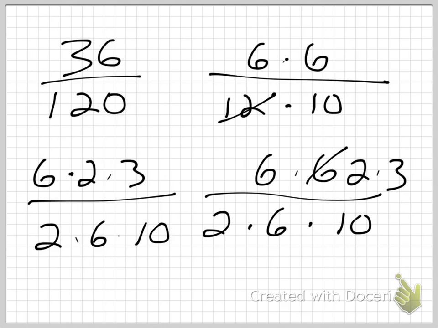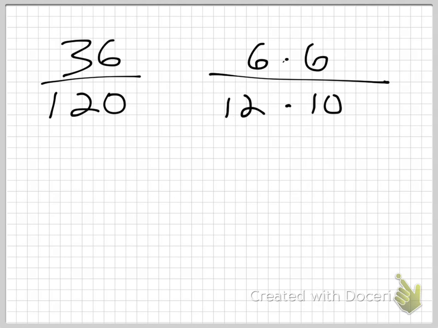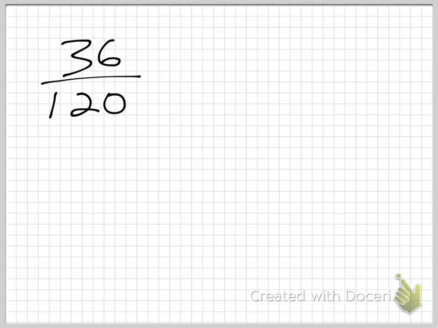The other option, class, is for you to do it the longest way possible. And that is to go, okay, divide by 2, divide by 2. 18, first of all, some of you can't even do 36 divided by 2 in your head, so you'd have to write that out. 18 over 60.